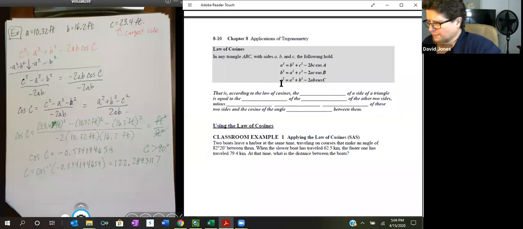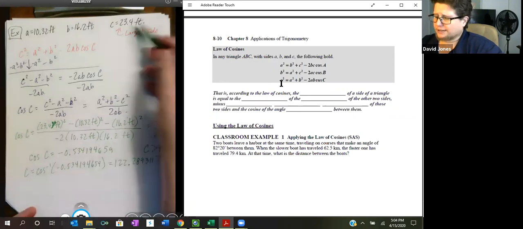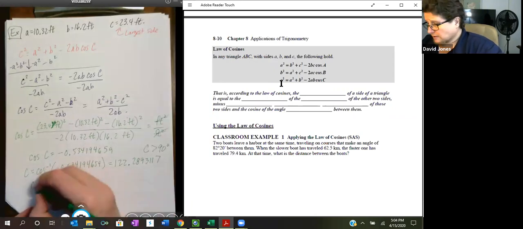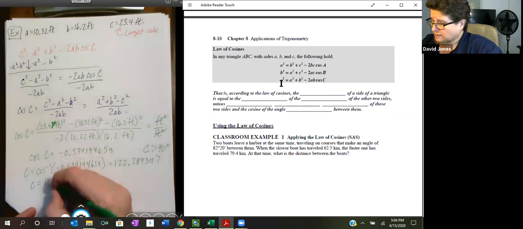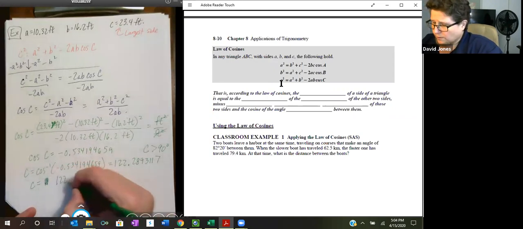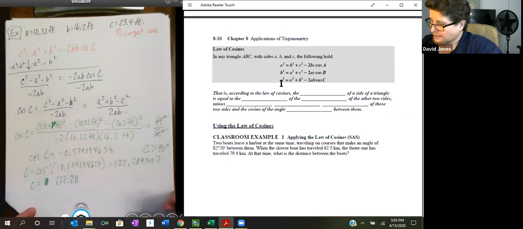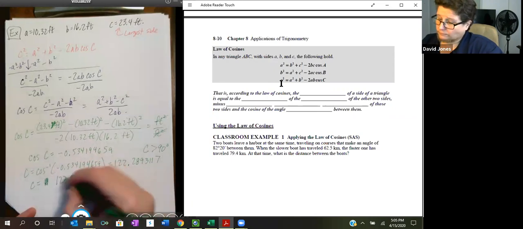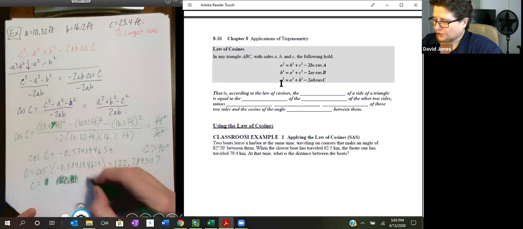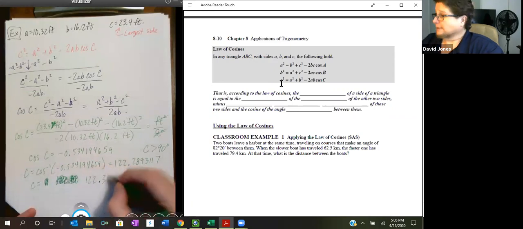For the number of decimal places, we should probably go down to just 3 significant digits. So C equals 122.28, or 122.3 if I go to 1 decimal place.